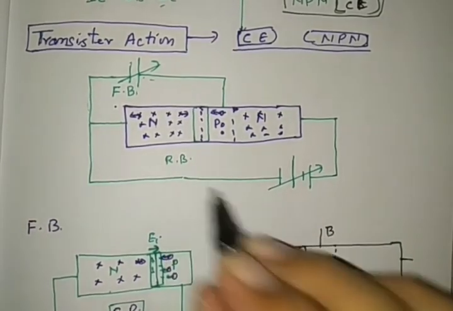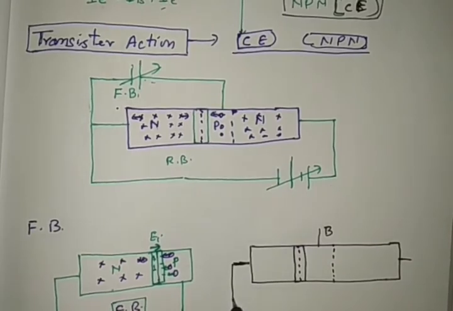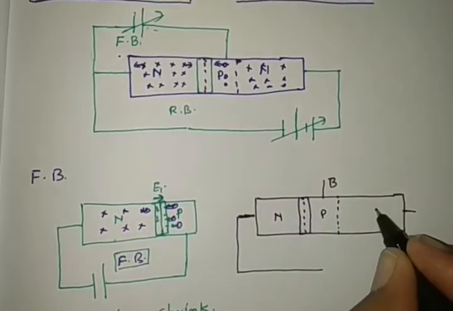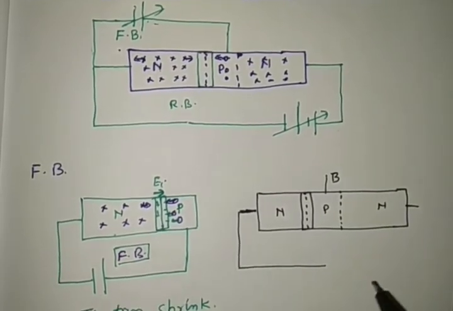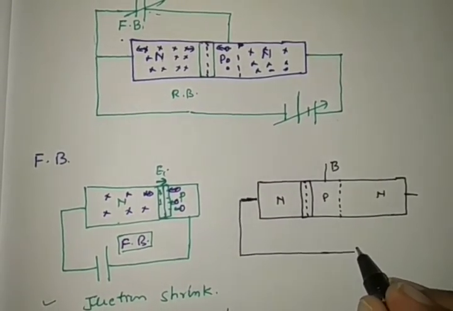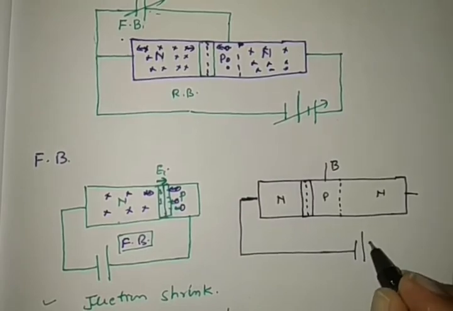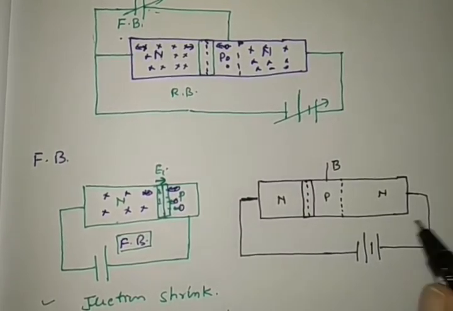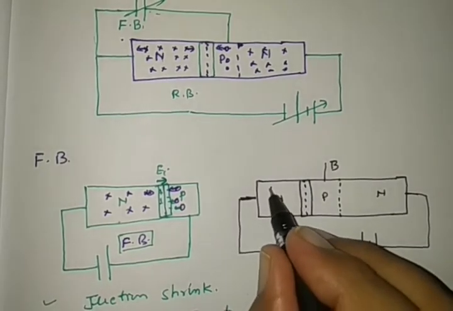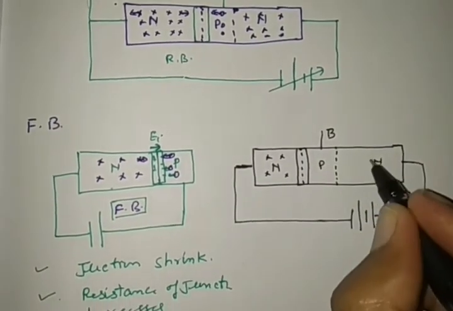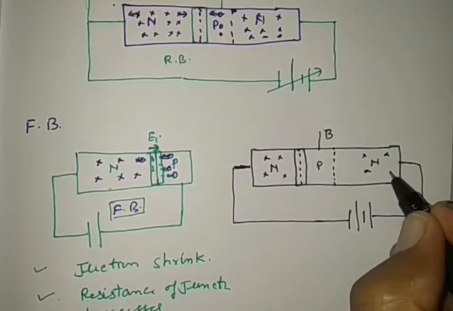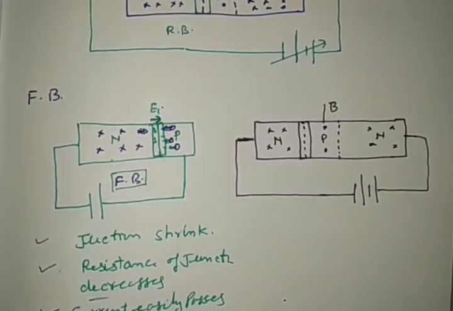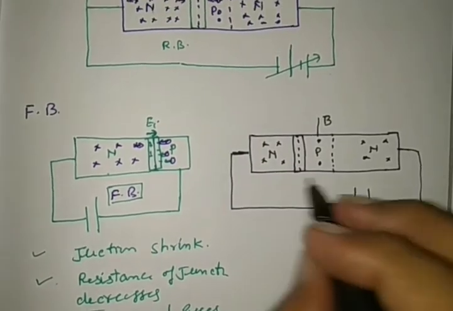Only reverse bias is represented, in which this is an N transistor. See very carefully. It is connected with reverse bias in the output terminal. The majority charge carriers are electrons, right? Here positive. See carefully in the reverse bias condition.